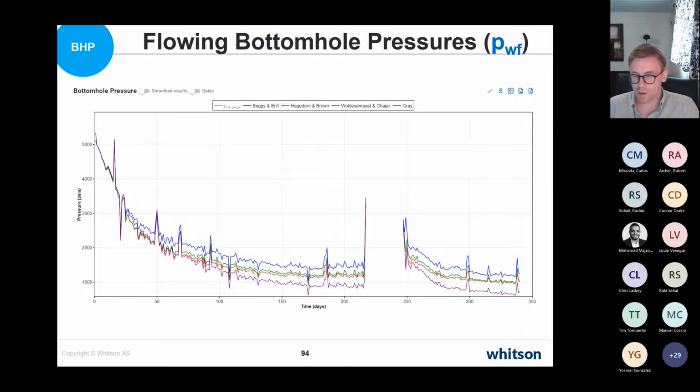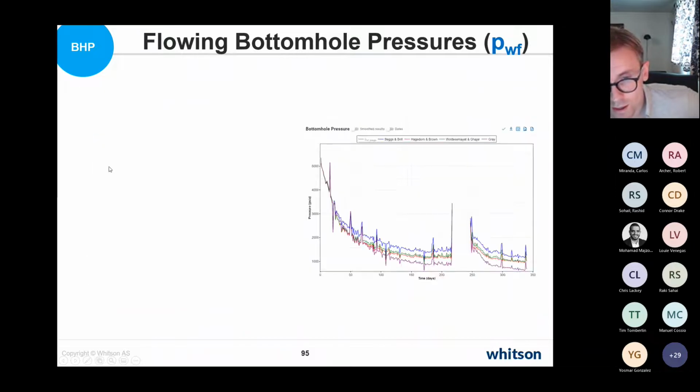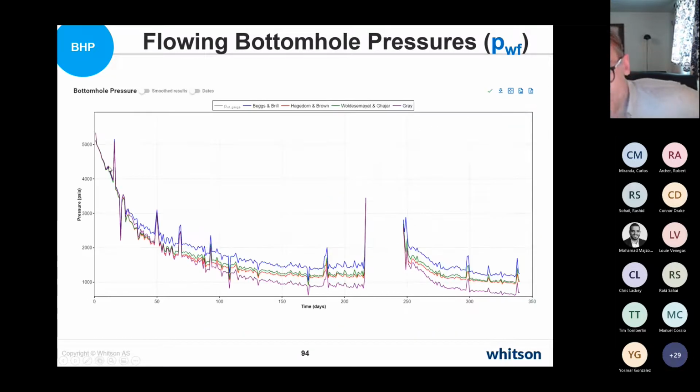Depending on what company you're in, what experience you have, maybe you compared measurements versus any of these correlations, you might have some preferences on which correlation to use. As we learned in the previous course, the main difference between them is how they estimate this liquid holdup term. Early time here, you see that they're basically overlapping, and that's because it's a period of time where gas is not coming out of solution.